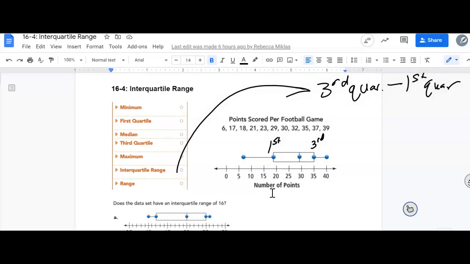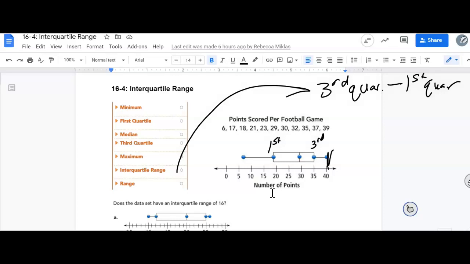The interquartile range is your third quartile minus the first quartile. That gives us the range of our box. We've already found range before, right? The maximum minus the minimum.